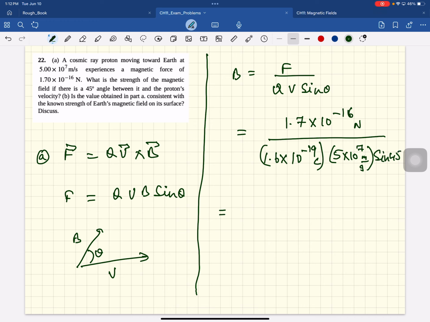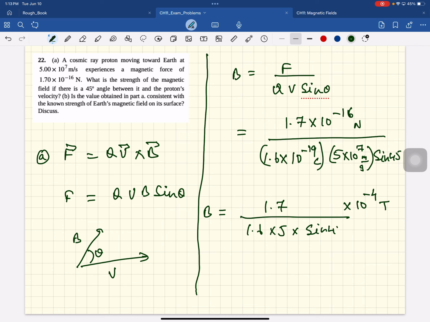Okay. So let's take care of powers of 10 first. This is 10 to the minus 12. That leaves 10 to the minus 4 over there. So B is 1.7 times 10 to the minus 4 Tesla. And remember, this is a Gauss. So we are getting the right order of magnitude.